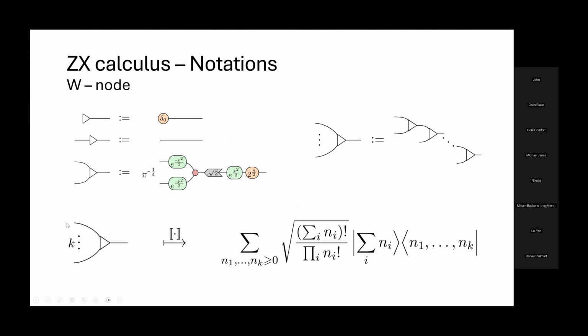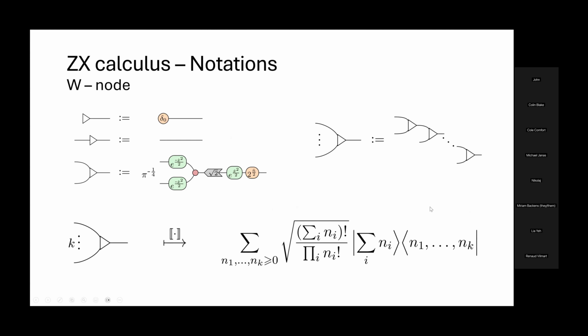So if I input N1 to Nk photons over here, it puts all of those photons into a single wire, so it sums those basis states. You also have this coefficient in front, which is necessary for various reasons, including the fact that you need this to make the bialgebra happen.